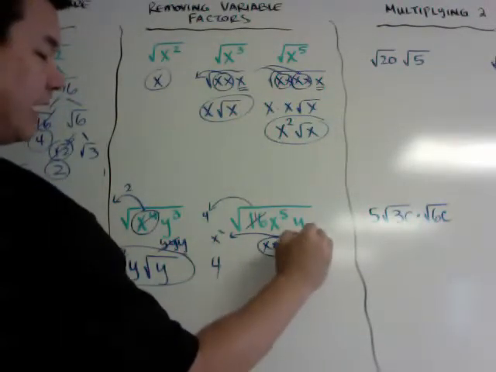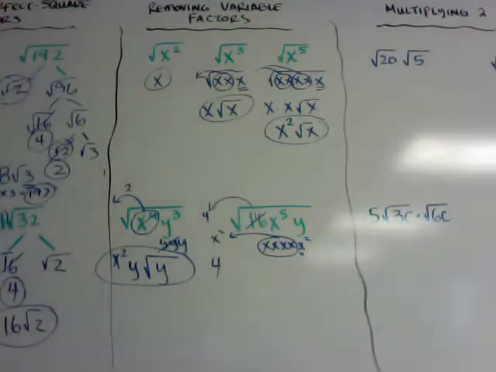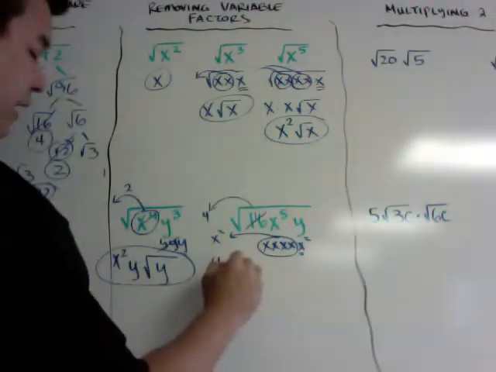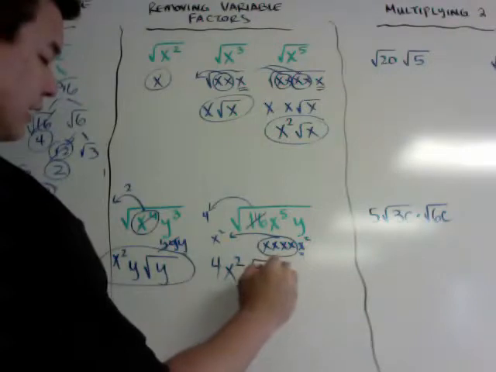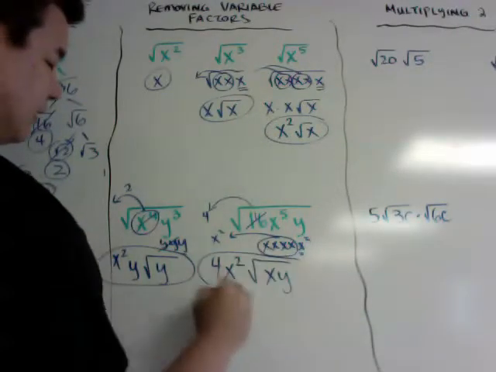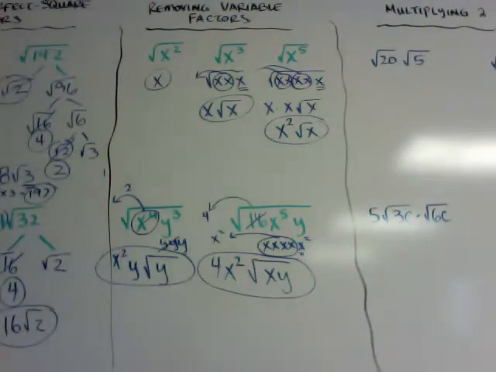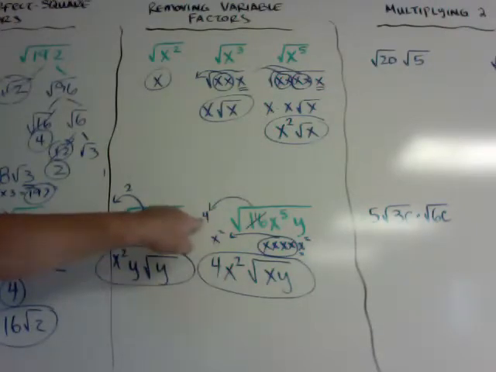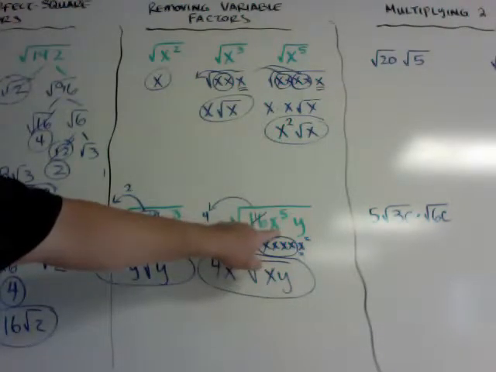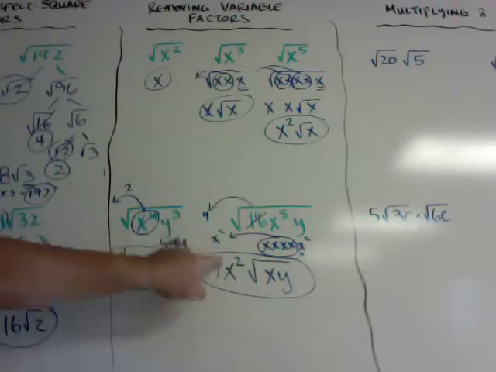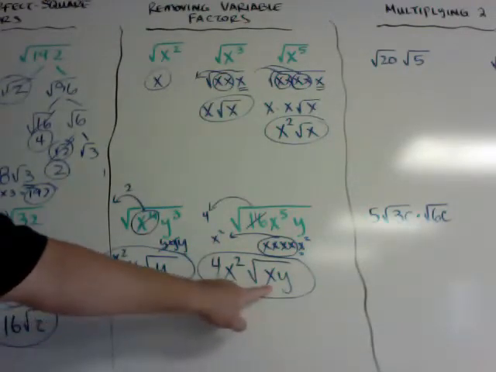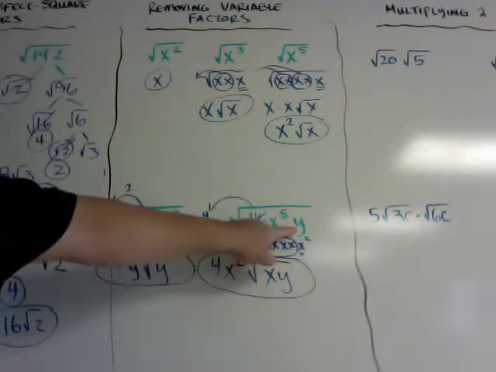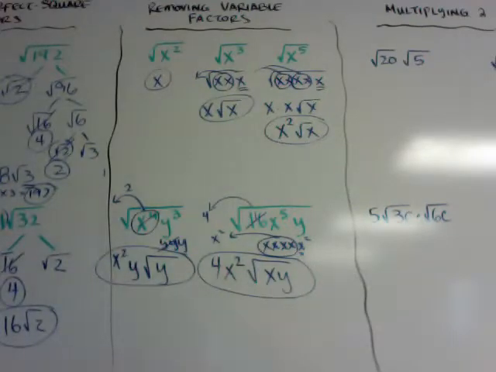And I'm left with 1x and 1y. Okay, so I would get 4x squared square root x y. Again, the 16 just became a 4. I have 5 x's, so 4 of them can come out and become 2 on the outside, leave 1 on the inside. And I only have 1 y on the inside, so that would just stay on the inside.